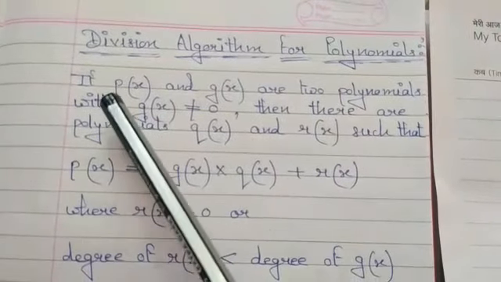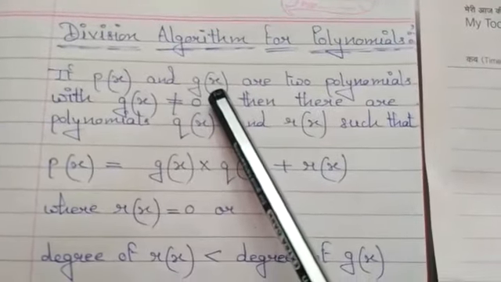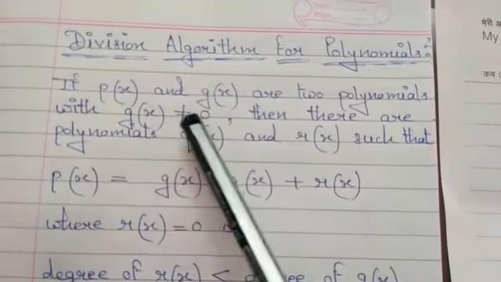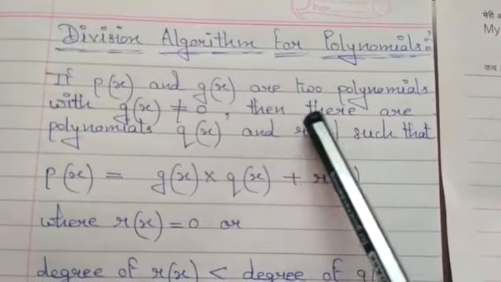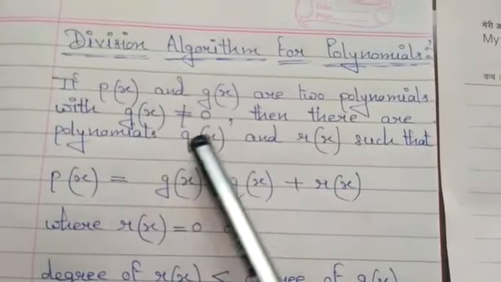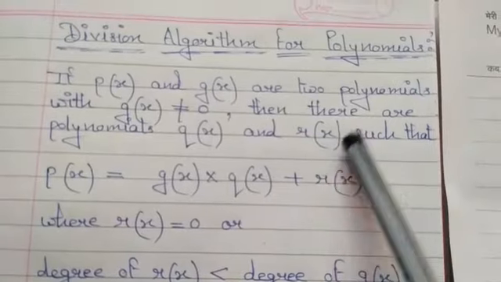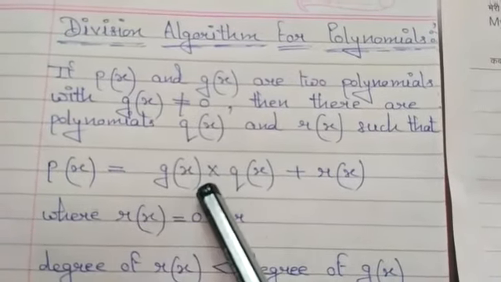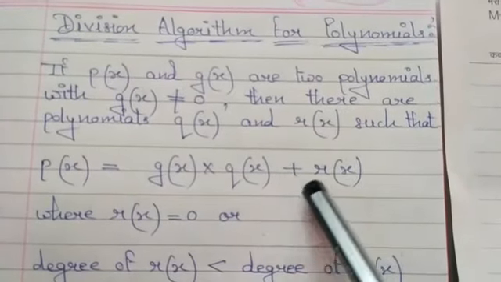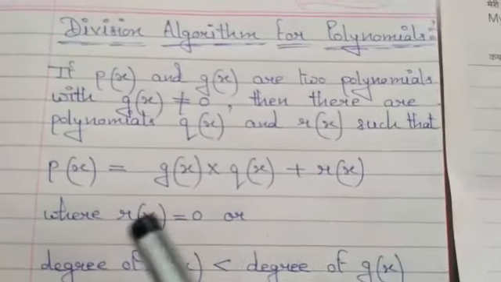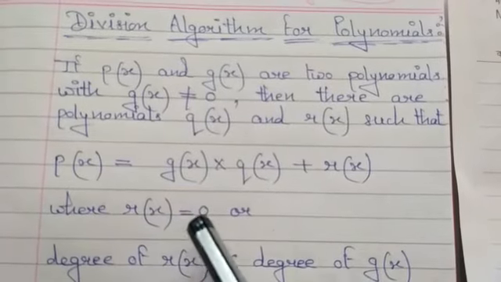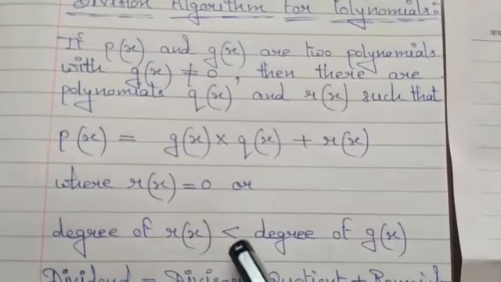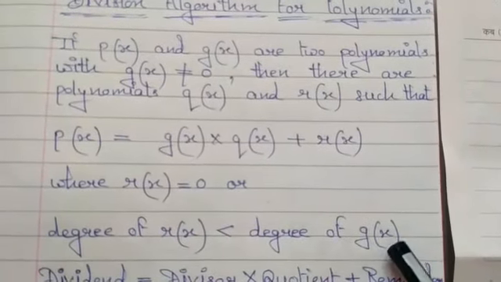If p(x) and g(x) are two polynomials with g(x) not equal to 0, then there are polynomials q(x) and r(x) such that p(x) = g(x) × q(x) + r(x), and the condition is: if r(x) equals 0, it's okay. Otherwise, the degree of r(x) should be less than the degree of g(x).